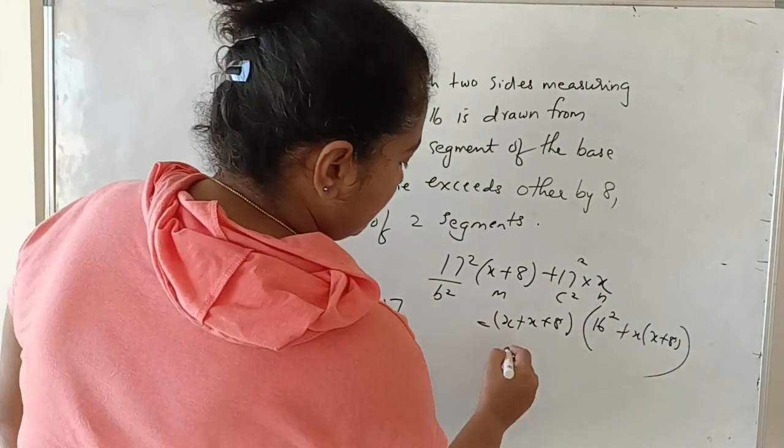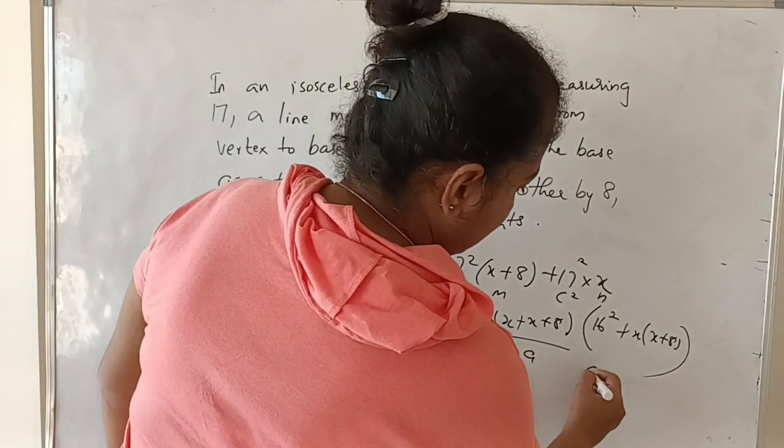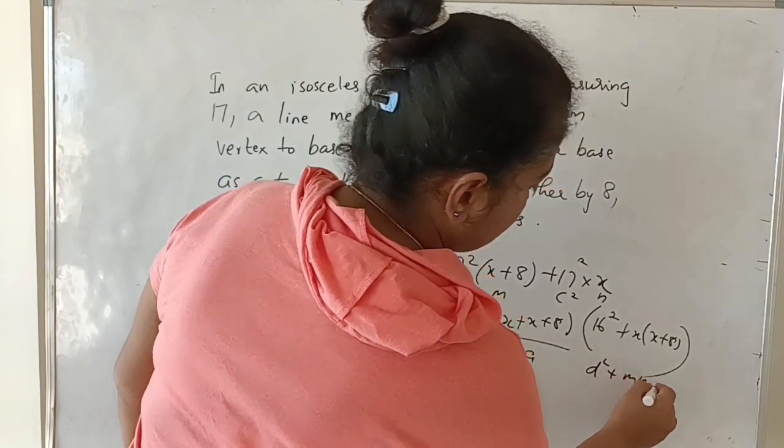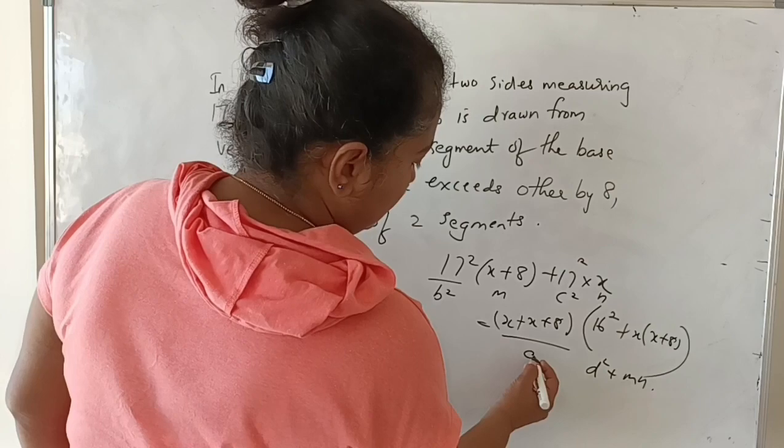Now my a is this total length x plus 8, this is d square and this is m n. Now let's open the bracket and solve this equation.